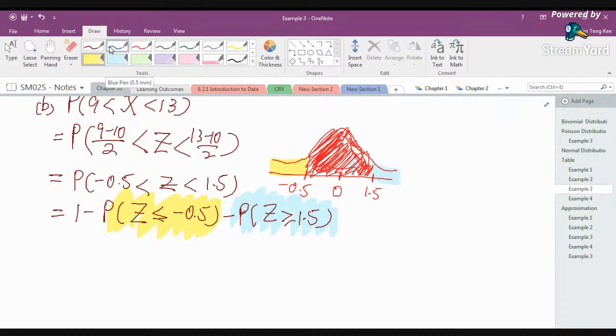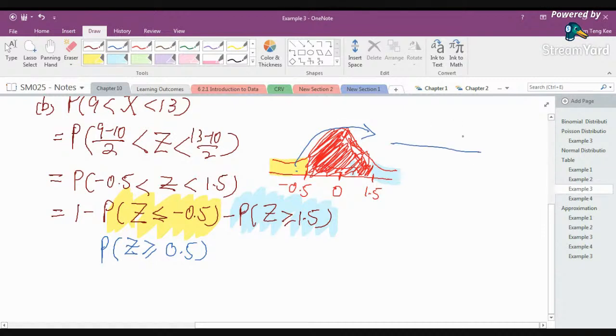If you notice the region in yellow, it actually has the same region on the right-hand side, such that I have P(Z greater than or equal to 0.5). So let's have a quick look at how this happens. The region in yellow is the one that we have. If we have the equivalent region on the right-hand side, the value here will have the same magnitude as negative 0.5 but the opposite sign.